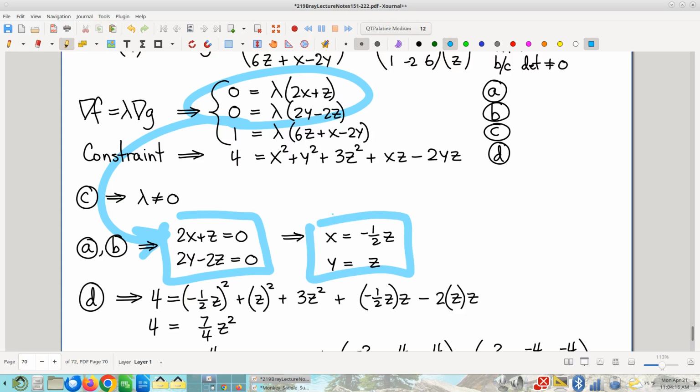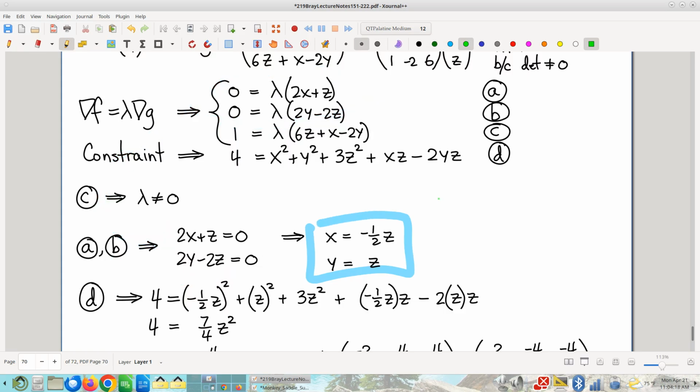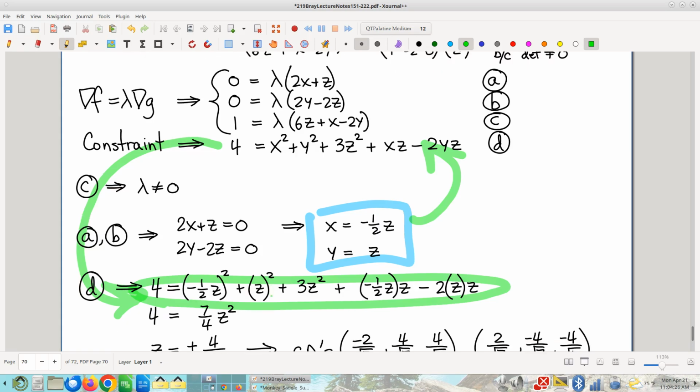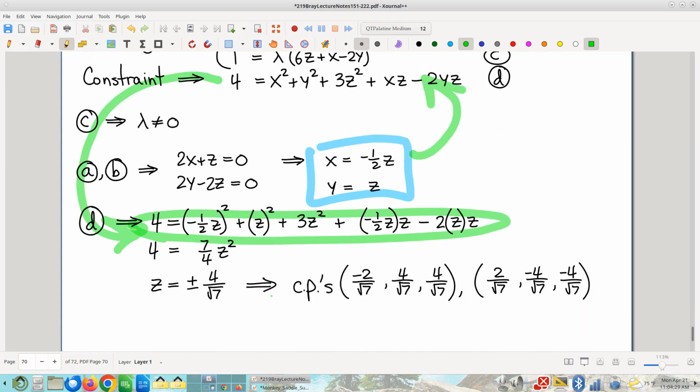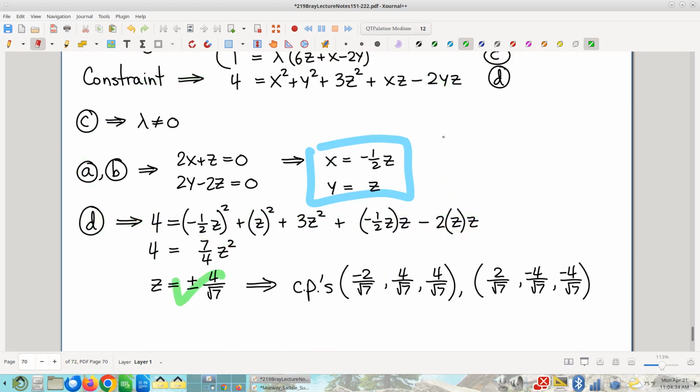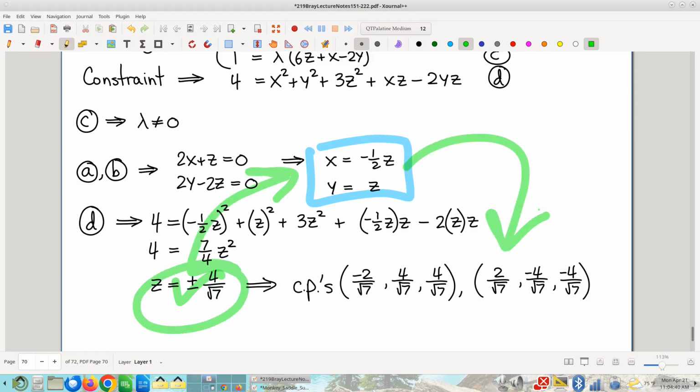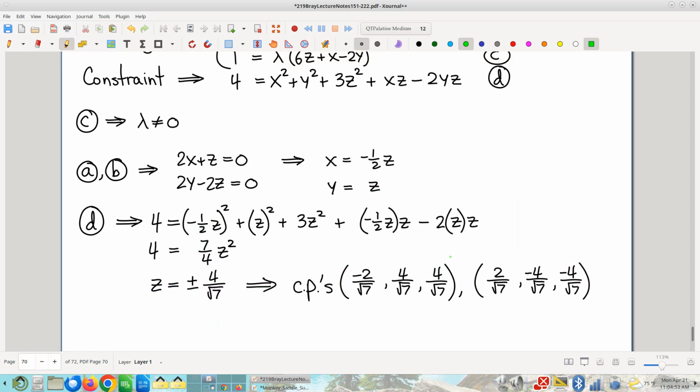When you solve that, you can then plug into this equation to get this monster, which is just a single variable monster, and it's not even that bad of a monster. It's just a quadratic, and you solve, and once you have the z, you plug in to find the x's and y's, and that gives you your critical points. Everybody see the process? Okay. All right. So that's the big idea.